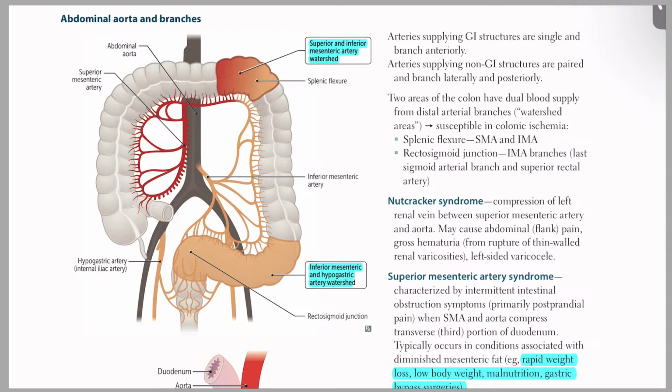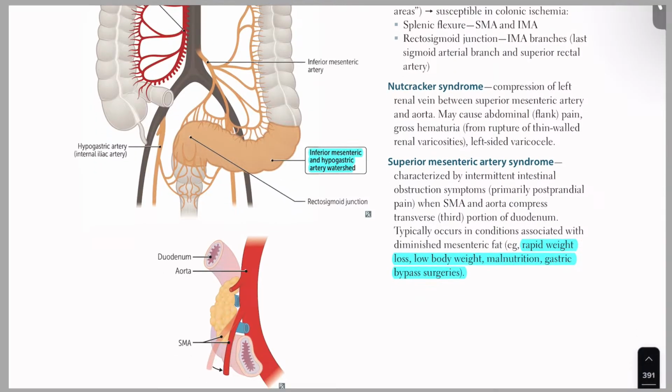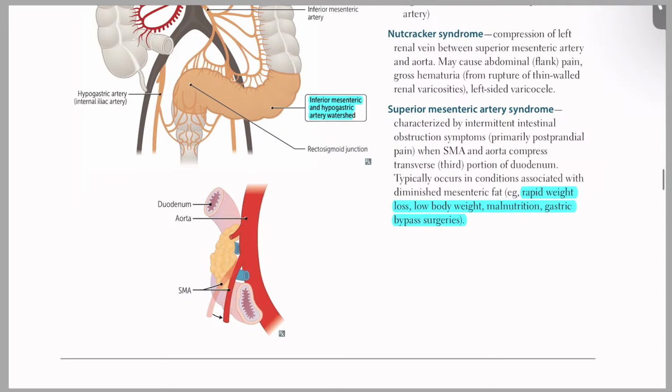Rectosigmoid junction, hypogastric artery, internal iliac artery. Duodenum, aorta, superior mesenteric artery.